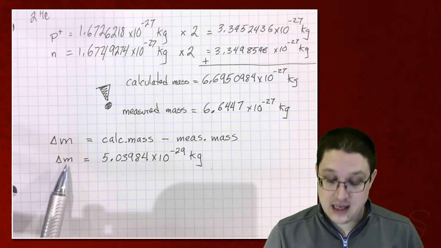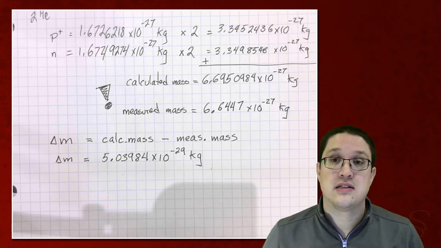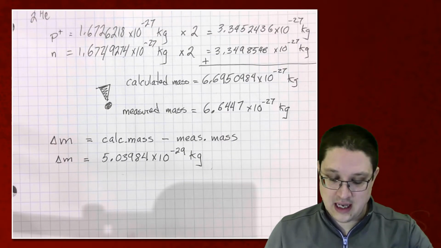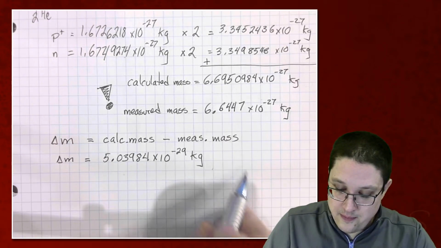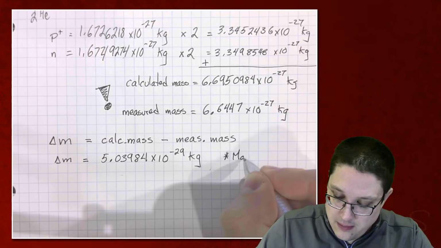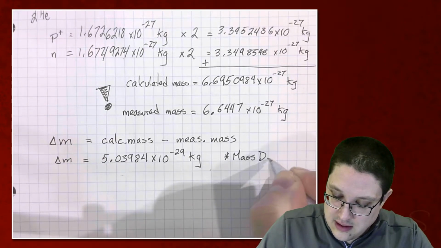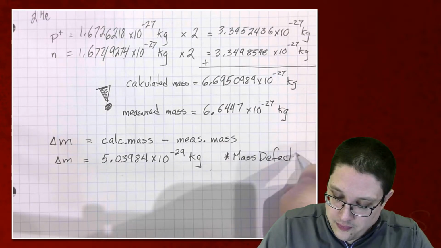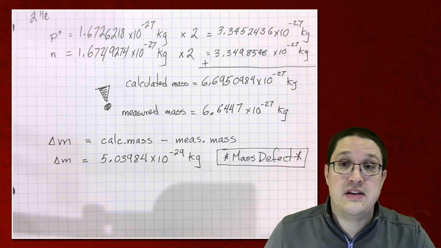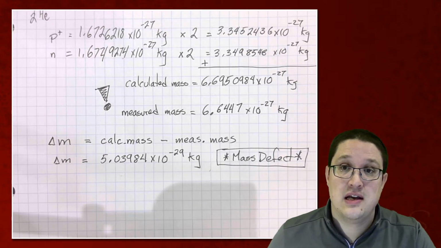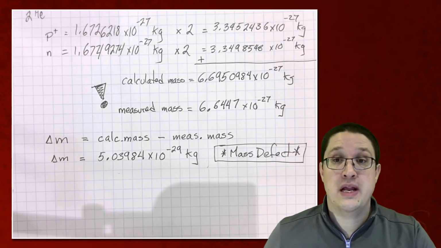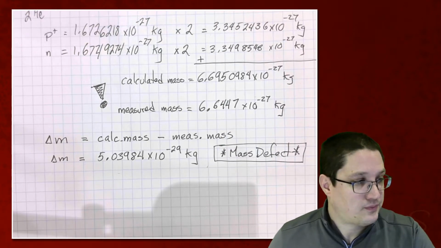And in fact, this missing mass is present in the energy holding this together. This missing mass has a fun term, the mass defect. The mass defect is the missing mass in the atom when we try to calculate what it should be versus what we measure it to be.